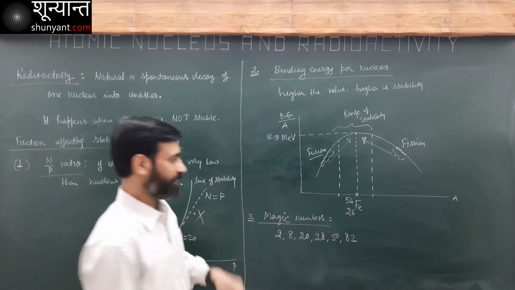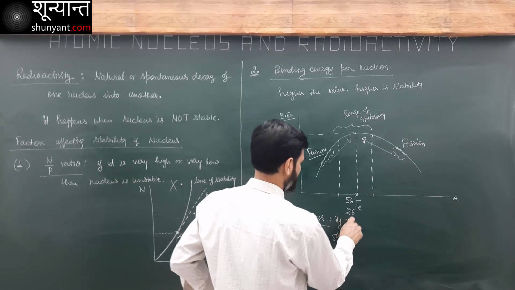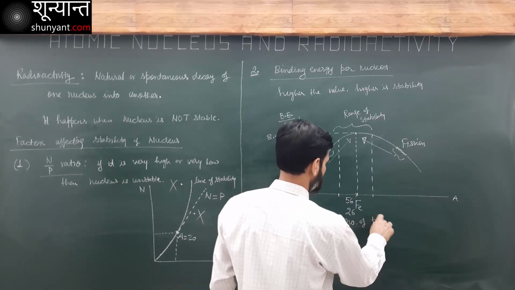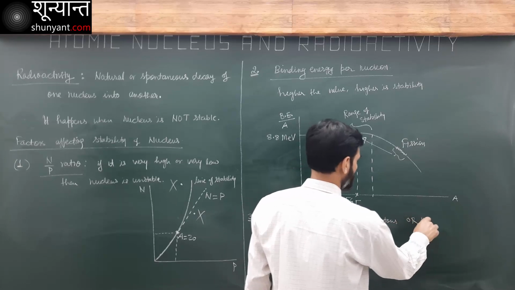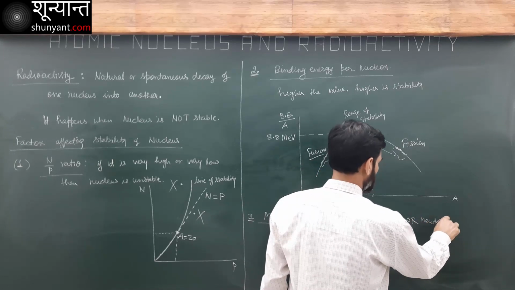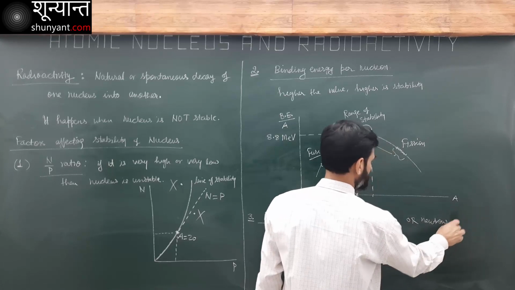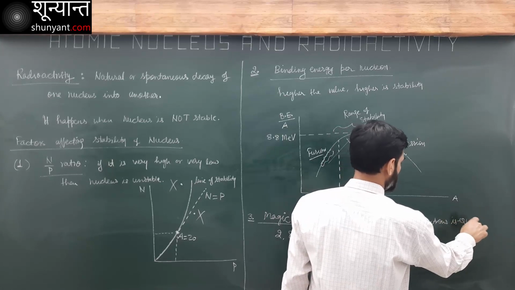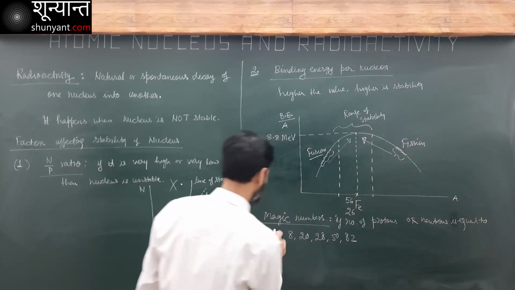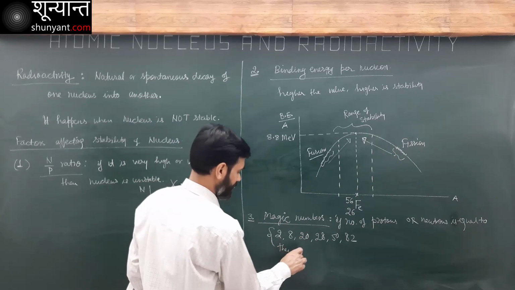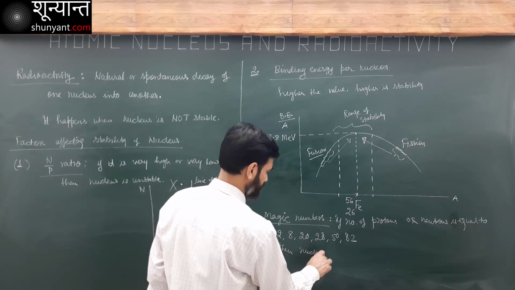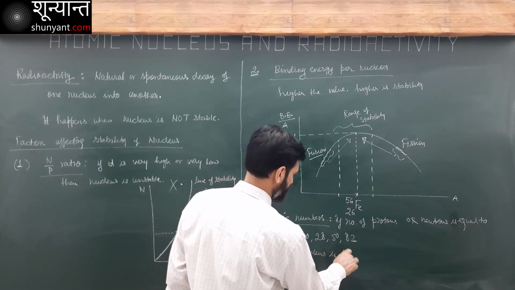If the number of protons or neutrons is equal to these numbers, then the nucleus is stable.